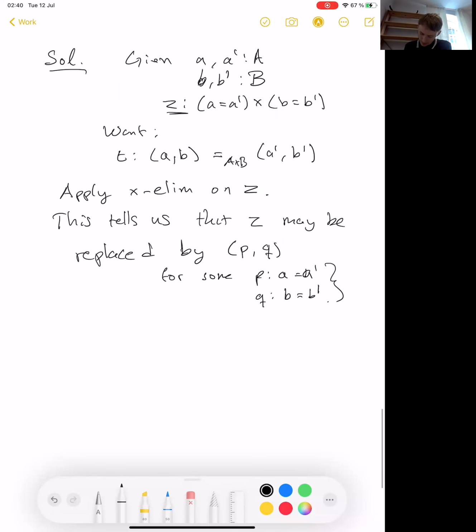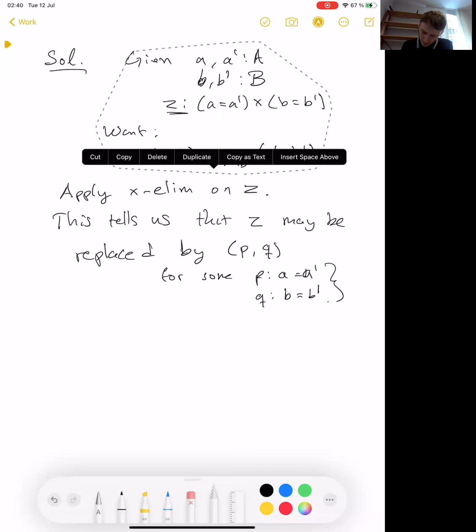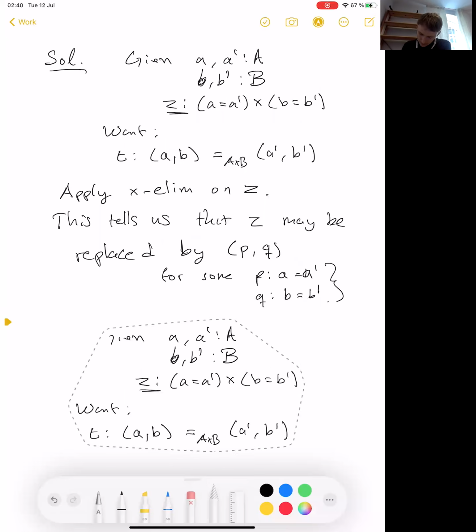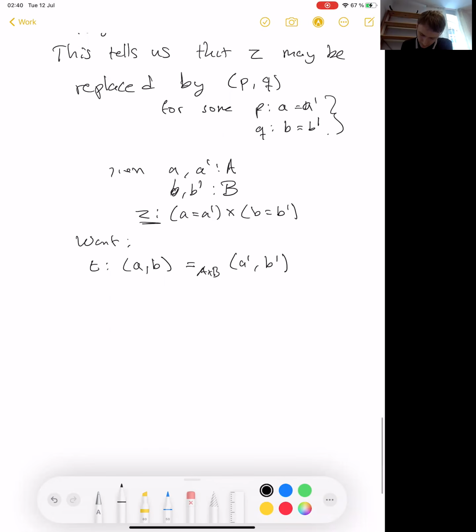Okay, so let me rephrase the whole problem again, as I always do. All right. Now the new problem is not precisely this, but this.